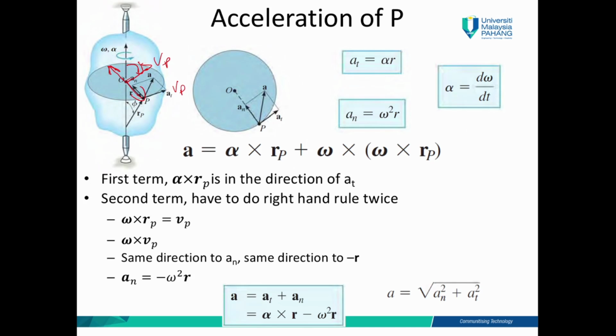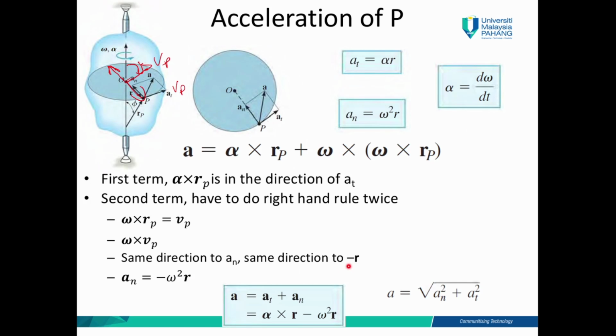So meaning, you can simplify this. A is equal to AT plus AN. So AT is equal to the cross product of angular acceleration and the position vector.